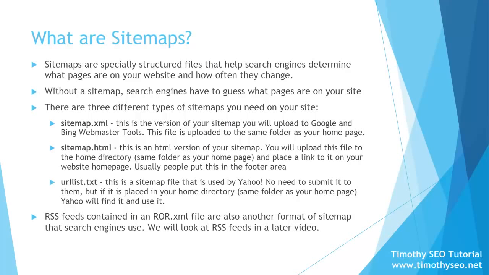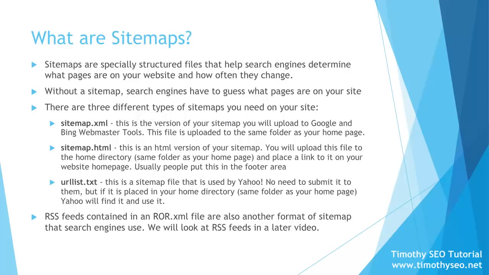And then finally, you're going to need to create a text version of your sitemap. And this should be called urllist.txt. And this is the format of sitemap that's used by Yahoo and, again, quite a few other minor search engines. But Yahoo definitely is not a minor search engine, so you don't want to ignore them.